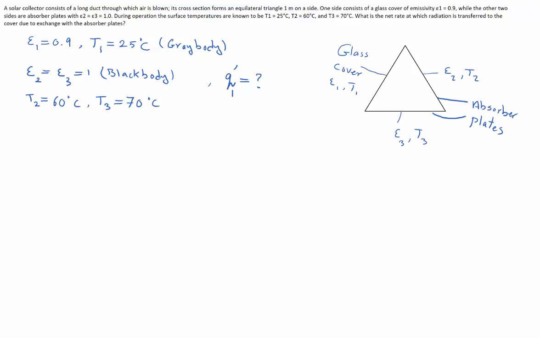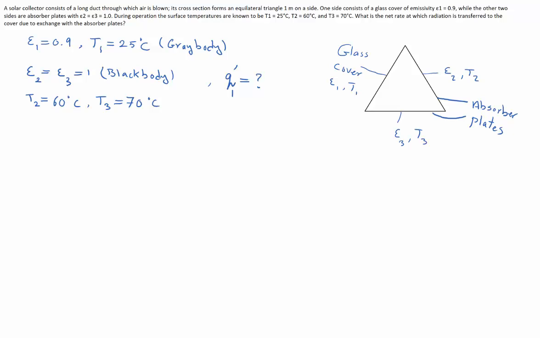The question asks about the net rate at which radiation is transferred to the cover due to exchange with the absorber plates. So once the radiation is absorbed on these two absorber surfaces, there will be interactions with this glass cover.